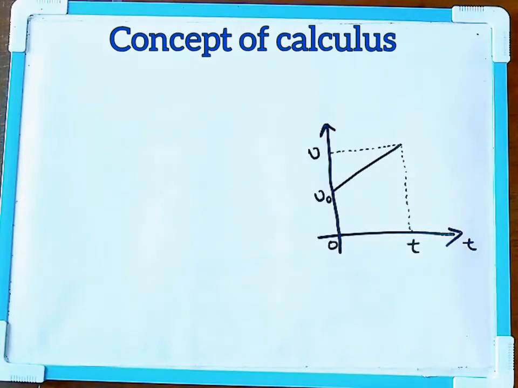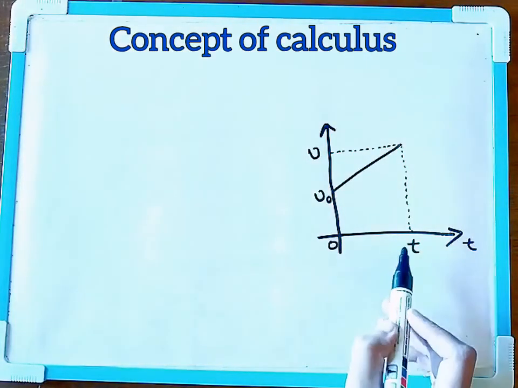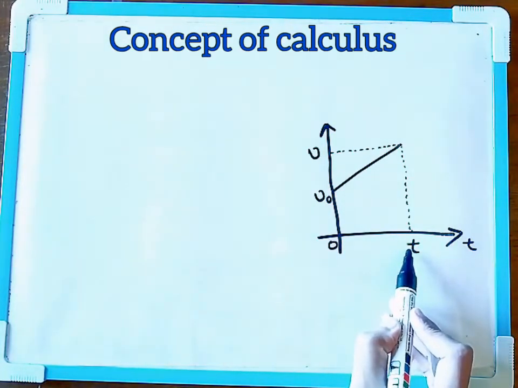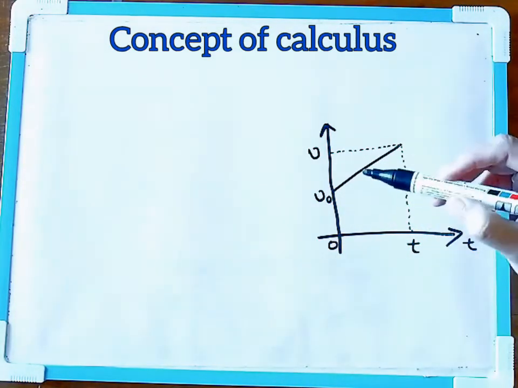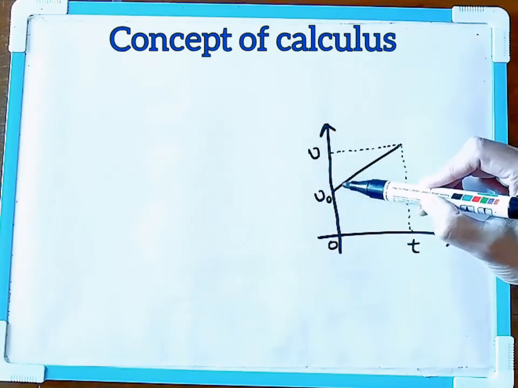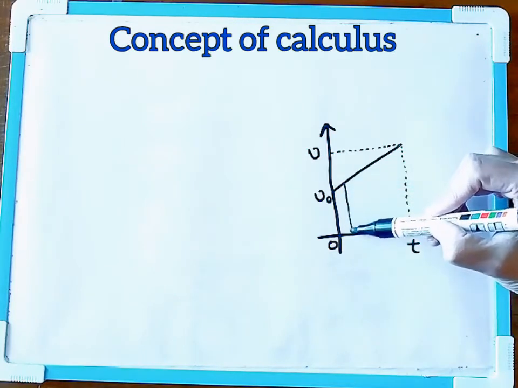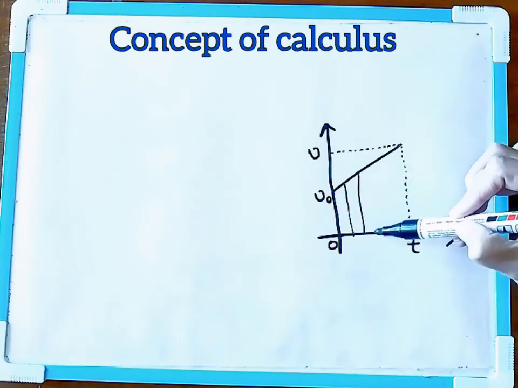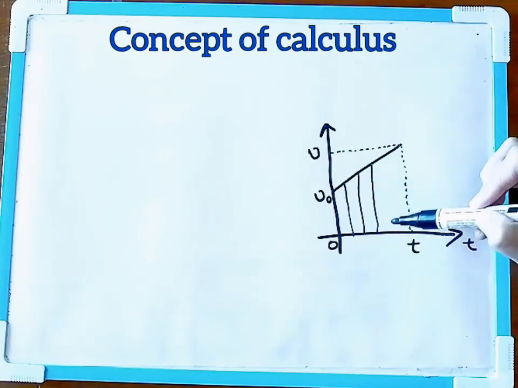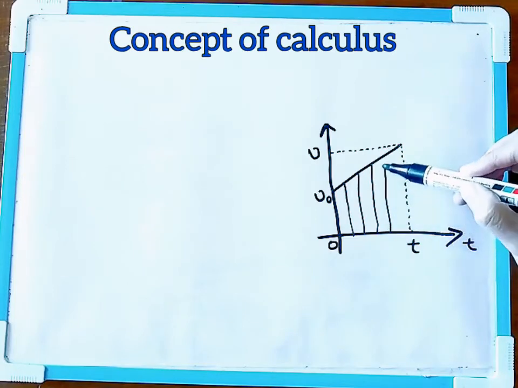So to use the method of calculus, we'll have to divide this time interval from 0 to t into smaller time intervals dt. So we have dt here, and this also dt, and this also dt, and this also dt.